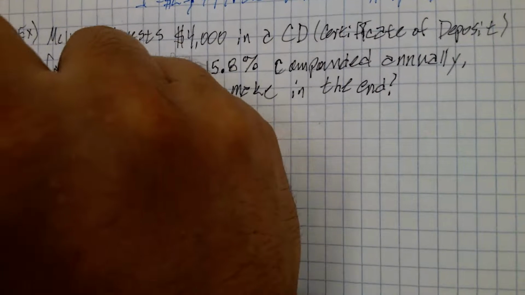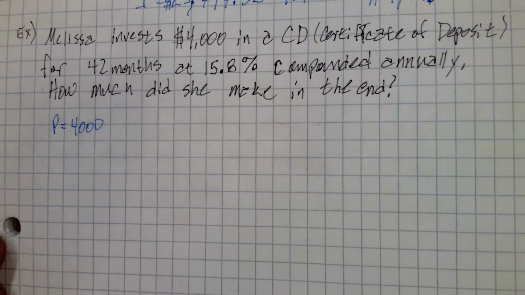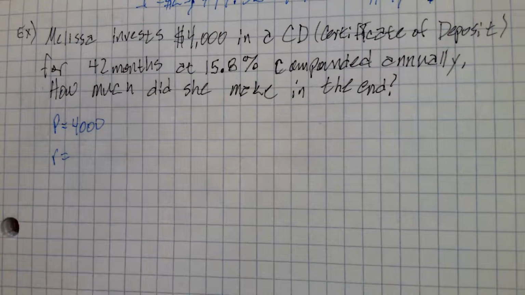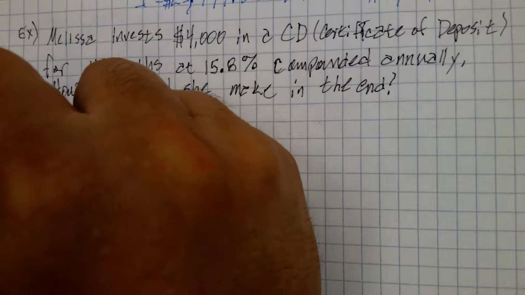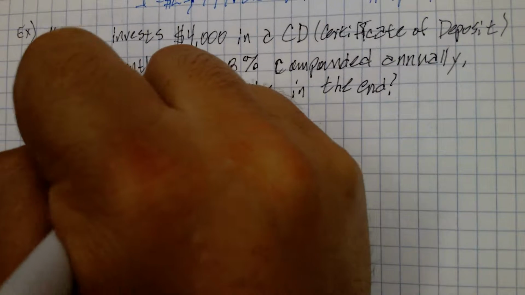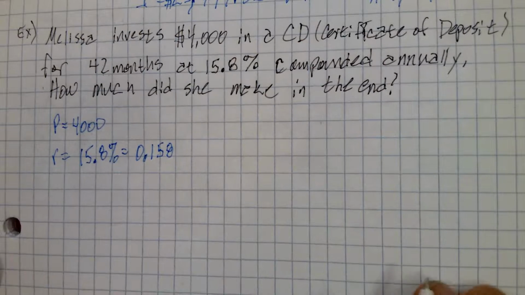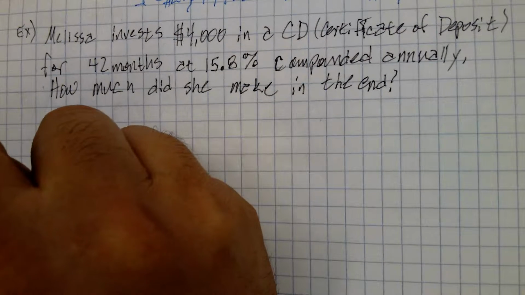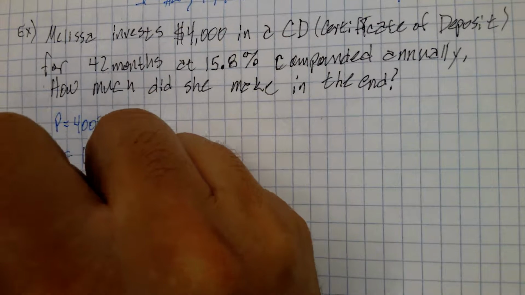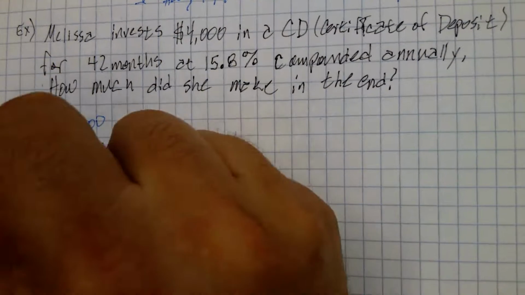Principal was 4,000. The rate is 15.8%, which is actually 0.158. And how about time? Well, it's 42 months divided by 12, and it's 3.5.